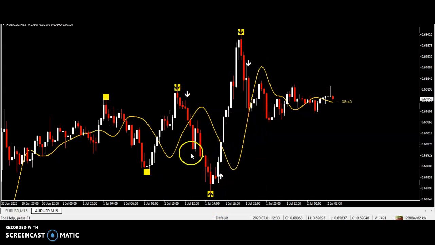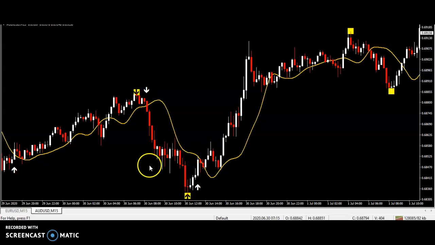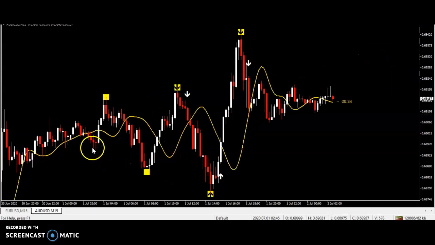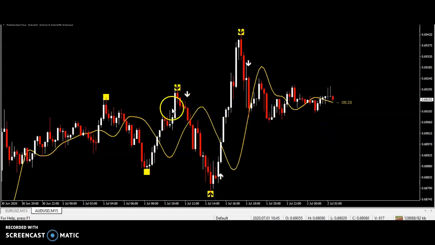When you look at a back test on a system that repaints, every single signal looks like a winner. That's because they keep moving. The arrow might have popped here or here, right?